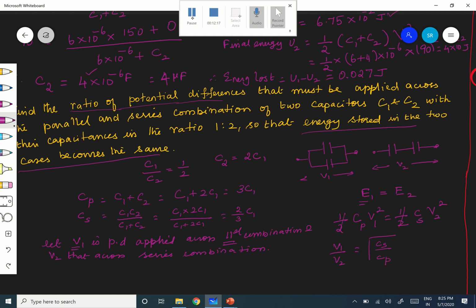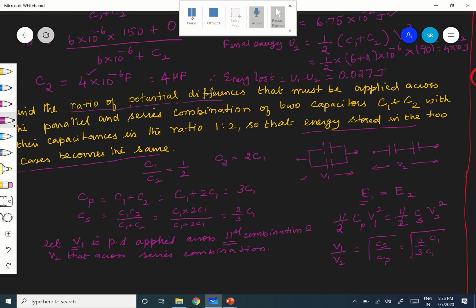CS by CP. What is that? What is CS by CP? What is CS? It is root of 2 by 3 C1.